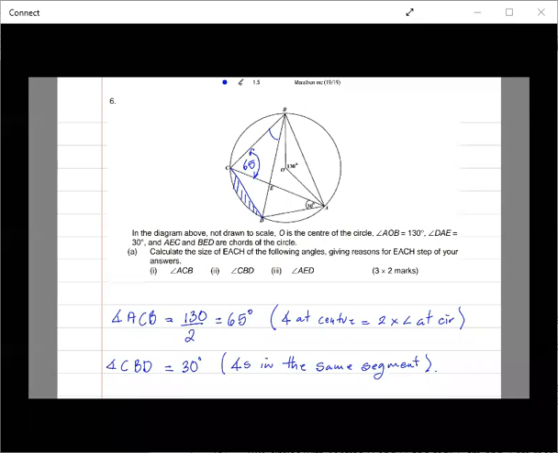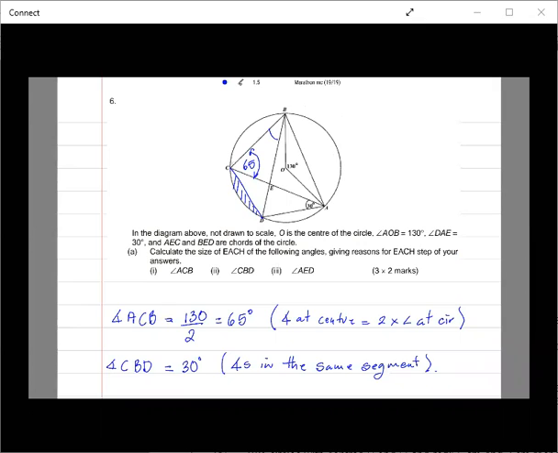So one is CBD, and the other one is angle CAD. Both have the same starting point and ending point. They both start at one end of the chord and end at the other end of the chord. And the two angles are formed at the circumference in the same segment. Those two angles are called angles in the same segment.